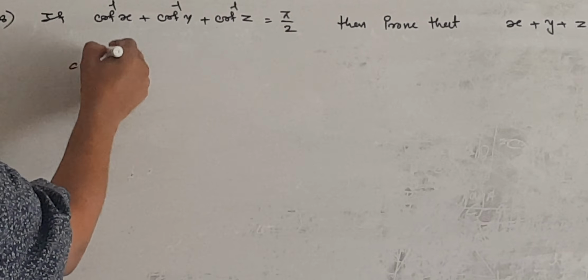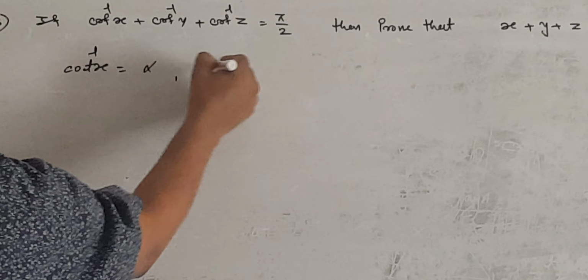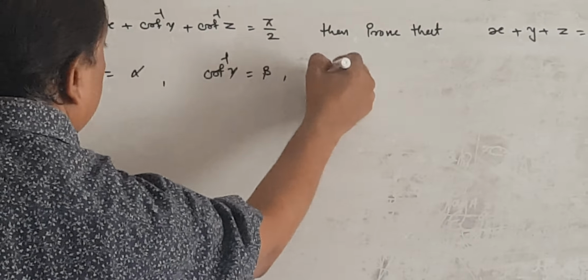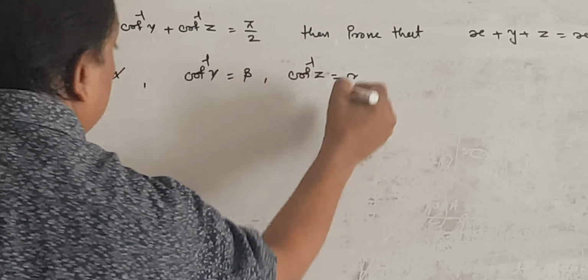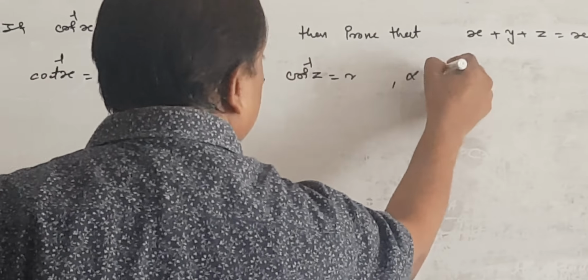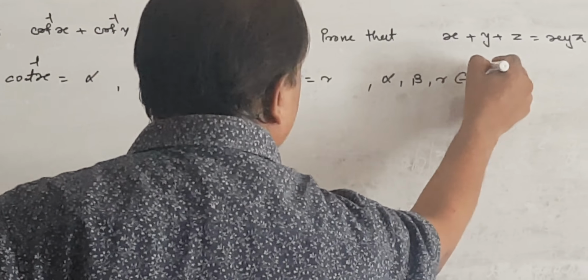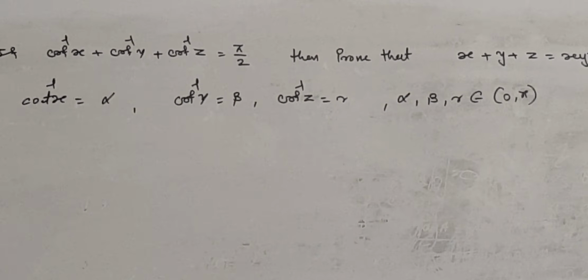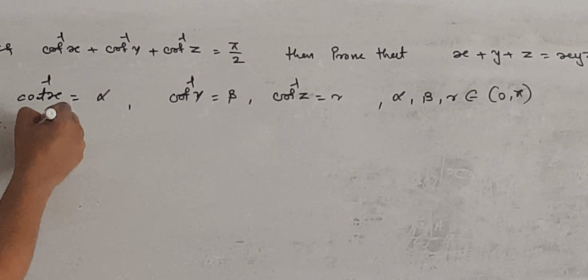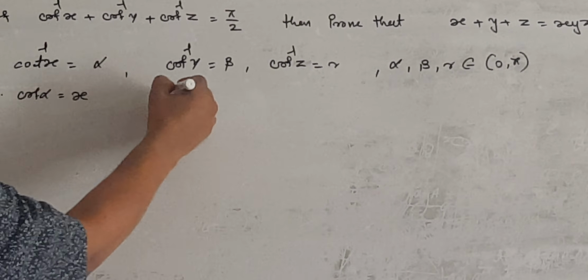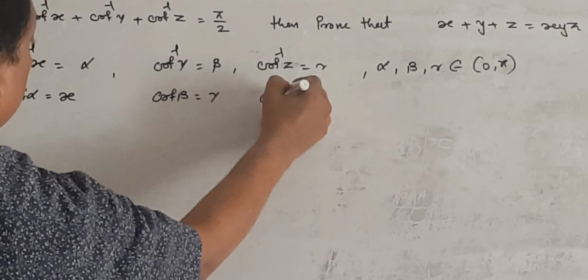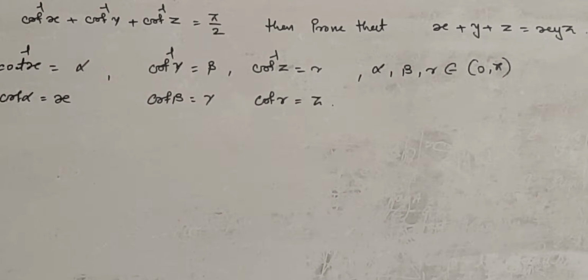Suppose cot inverse x is alpha, cot inverse y is beta, and cot inverse z is gamma, where alpha, beta, gamma belong to the open interval 0 to pi. So the condition is satisfied. So cot alpha is x, cot beta is y, and cot gamma is z.